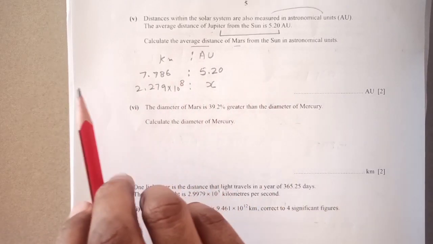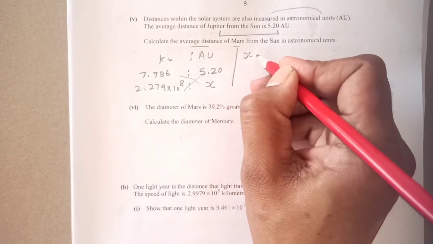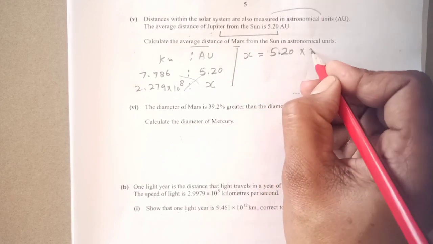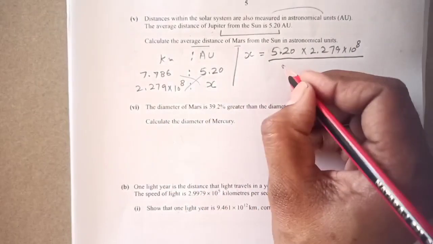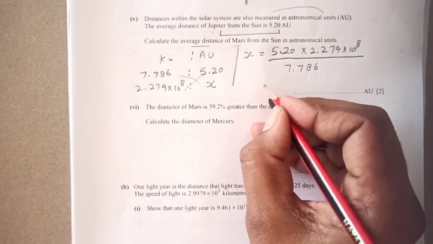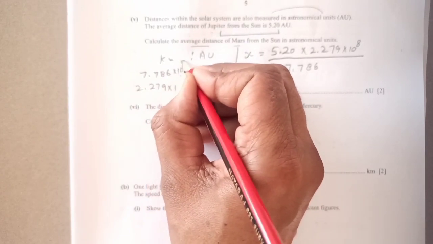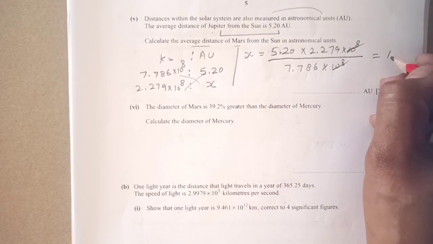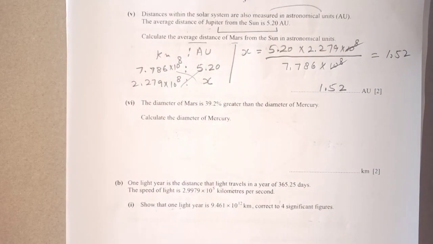You need to be very careful while picking the data from the table. Just cross multiply, this is going to give you the value of x. So 5.20 times 2.279 times 10 raised to power 8 divided by 7.786. When you calculate this, I also made a mistake, there is 10 power 8 here. Once you calculate this, it comes out to be 1.52. You just use the calculator directly.